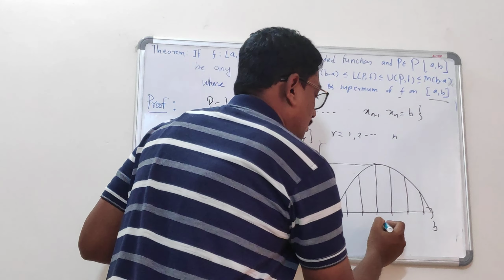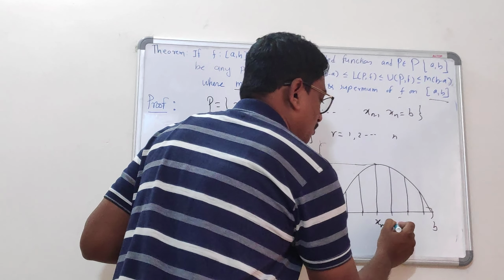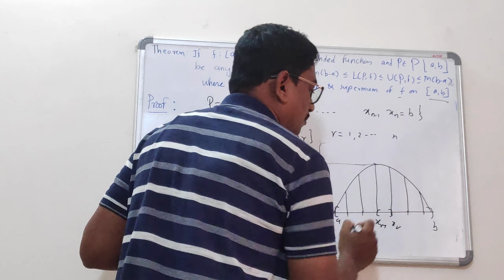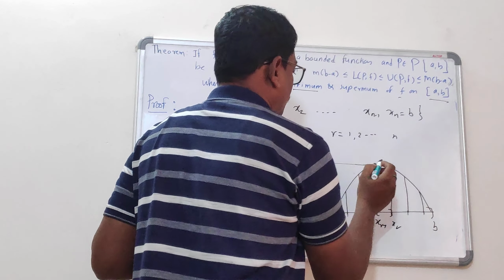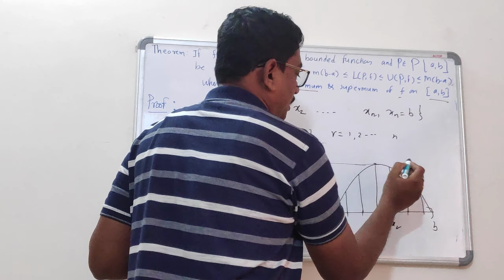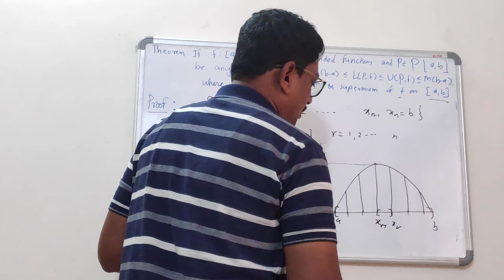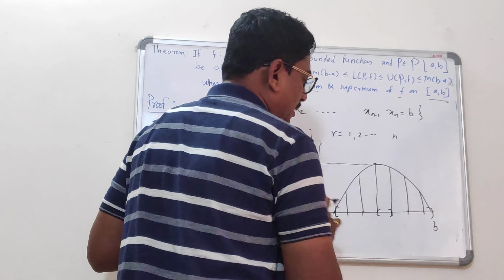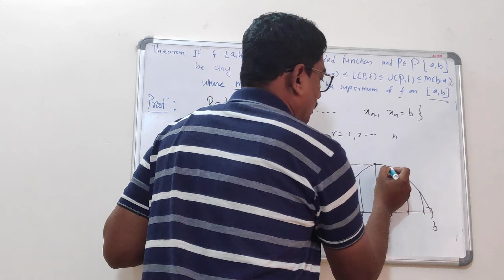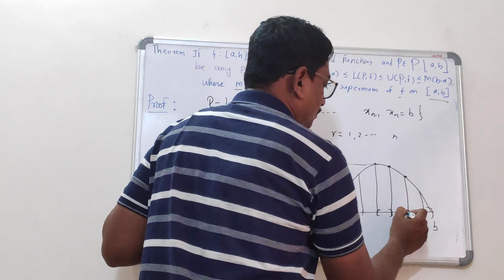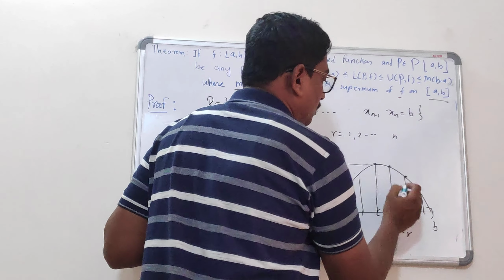Now [xr minus 1, xr] is the rth subinterval. On this interval, you can see this is the highest value. You can take any random interval of this; I am not taking it as the capital M value here. I am taking this interval as your rth interval.